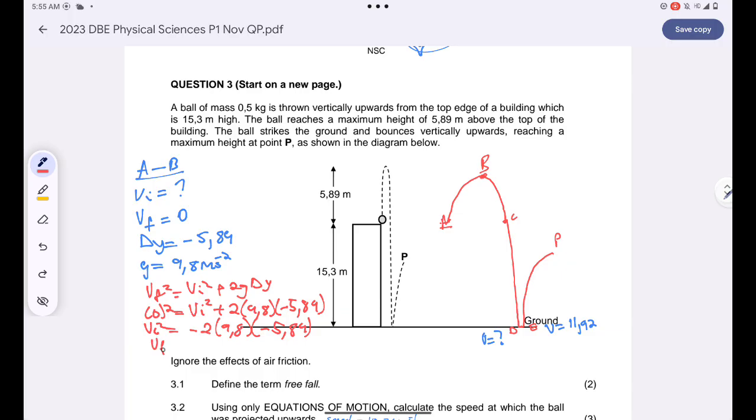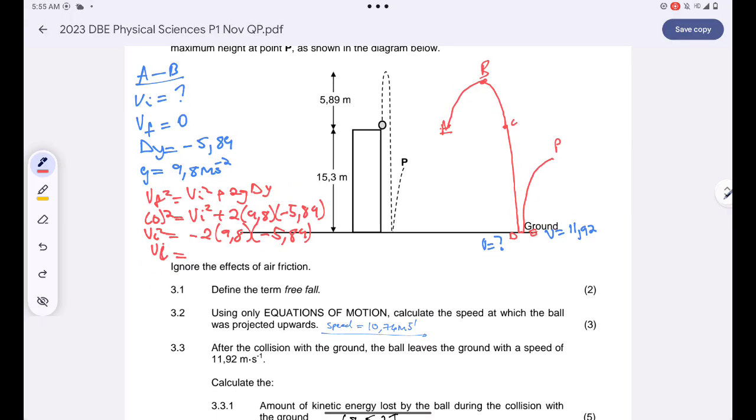Then just put everything under the square root. You'll simply get 10.74 meters per second, right? Since they said they wanted speed, you don't have to worry about the direction. Just know that your speed is 10.74 meters per second.